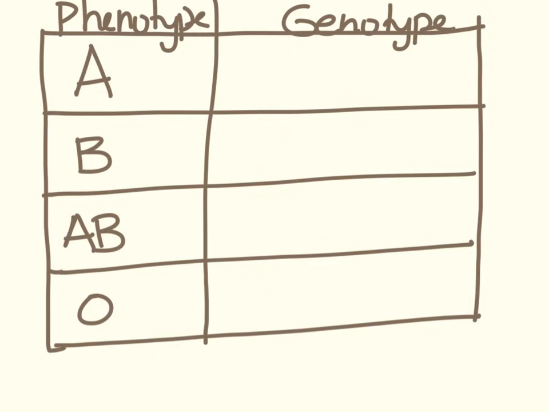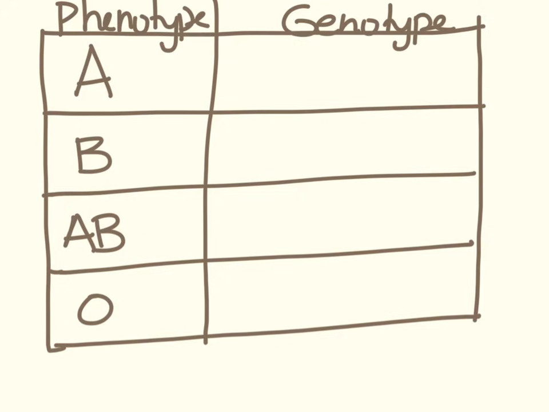If we look at the phenotype for blood types, we see that there are 4 phenotypes: type A blood, type B blood, type AB, and O. If we look at their genotypes, this is looking at the actual combination of alleles that the individual has.